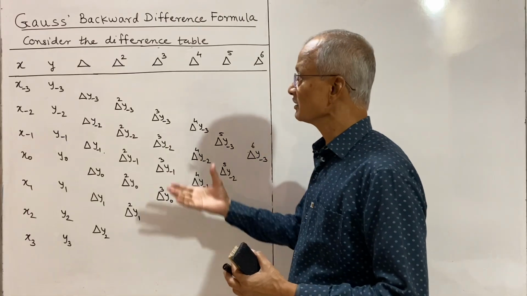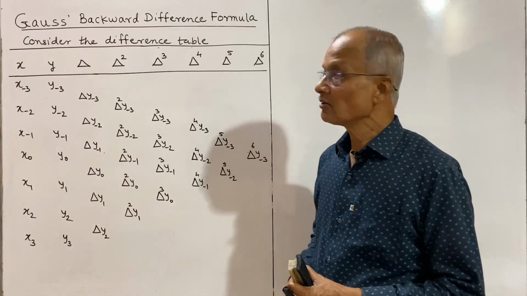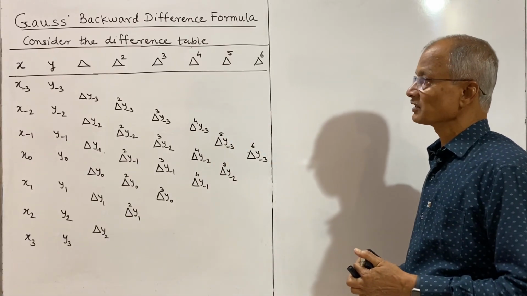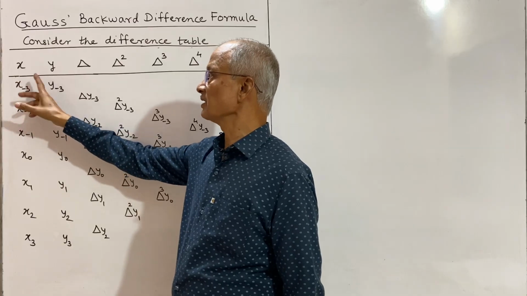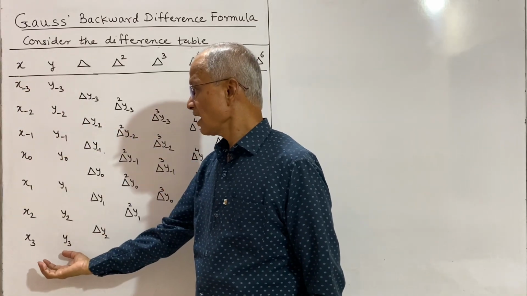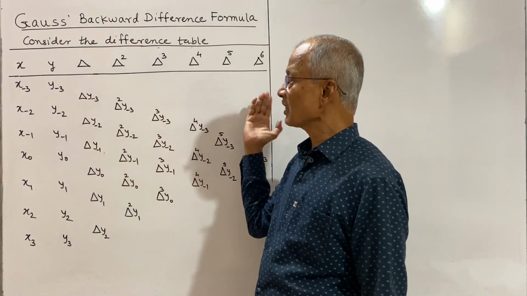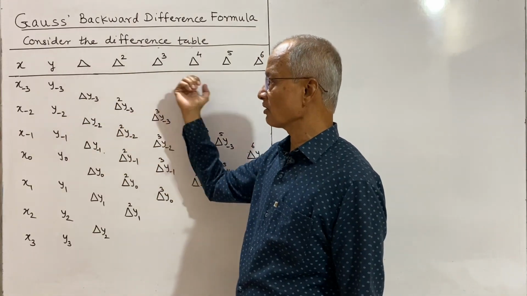I have constructed the difference table here, which is the same as in the earlier Gauss forward difference formula. The columns are of x, y. These are the tabulated values given, x and y values, and then we have constructed the differences for these, delta and higher order differences.